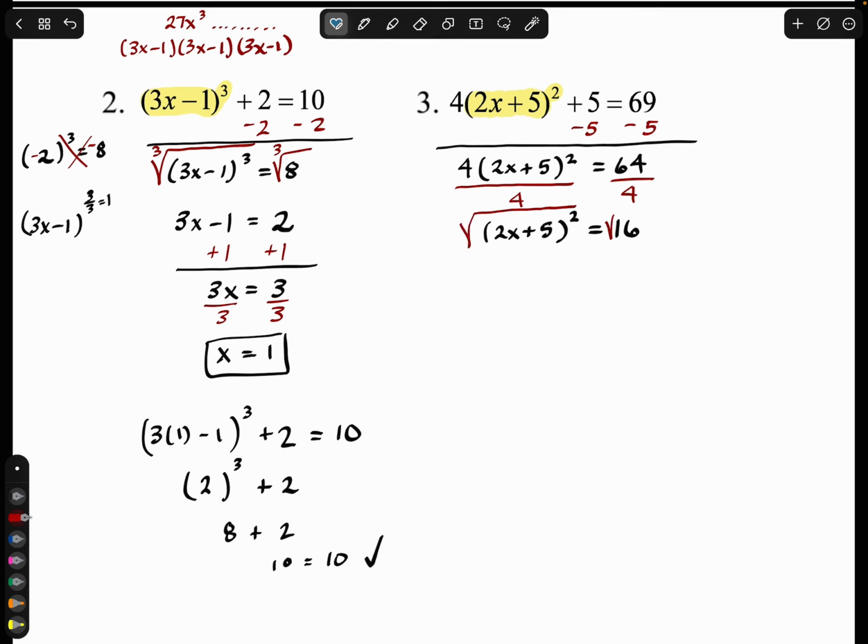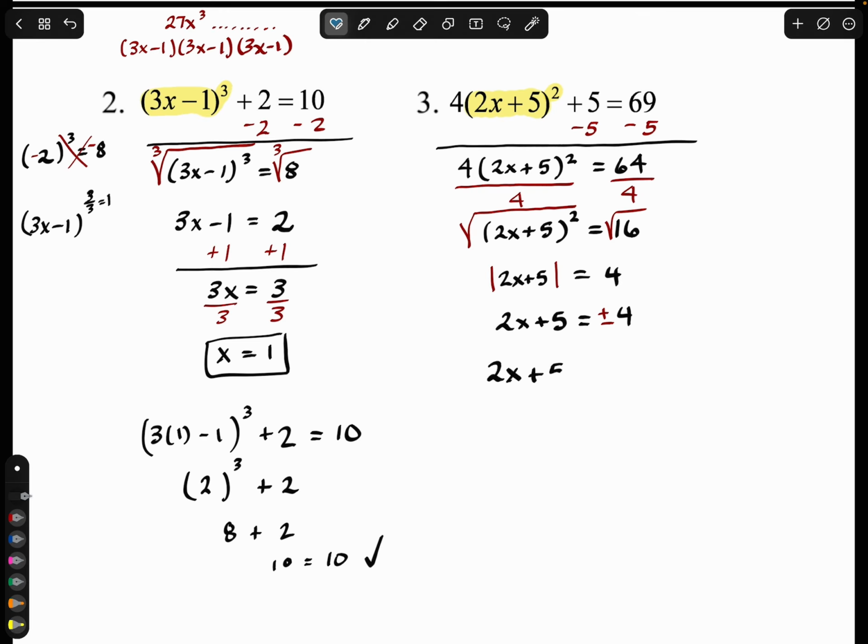And now to undo the square, we're going to take the square root of each side. So this would be the absolute value of 2x plus 5 is equal to 4, which means that 2x plus 5 should equal positive or negative 4.